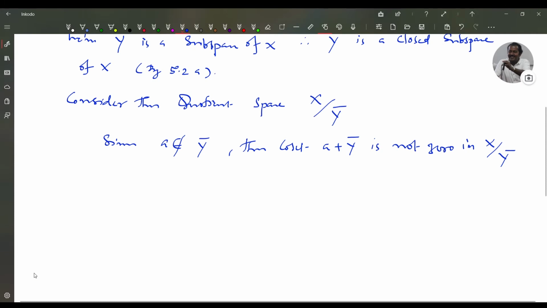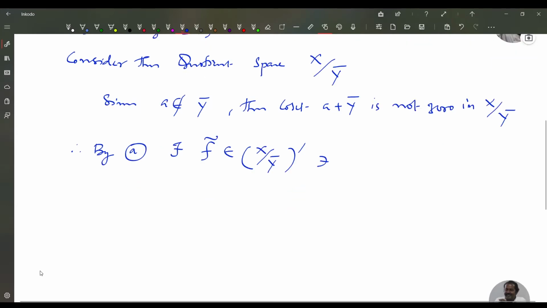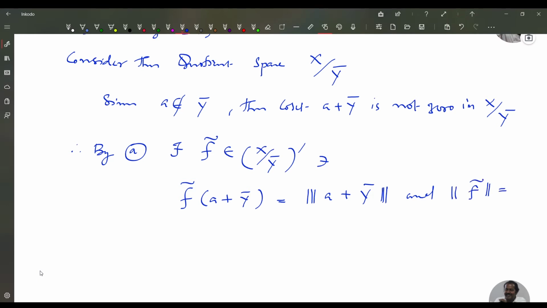Therefore, by part A of this theorem, there exists f tilde in the dual of X over Y closure such that f tilde of a plus Y closure equals the quotient norm of a plus Y closure and norm f tilde equals 1. So this is just an application of part A.